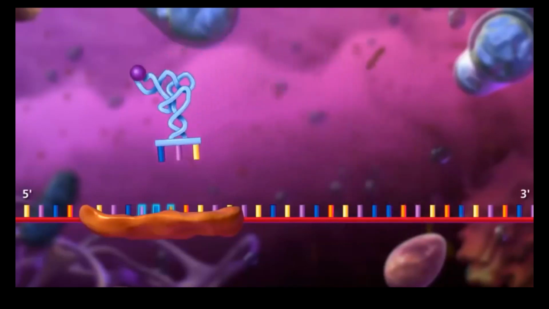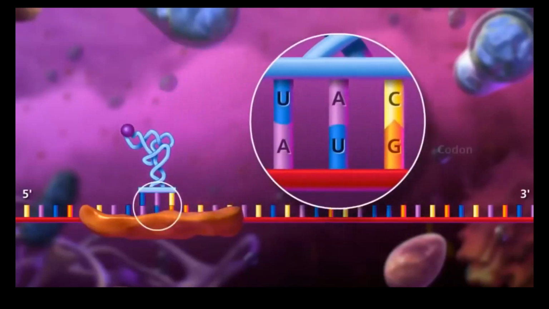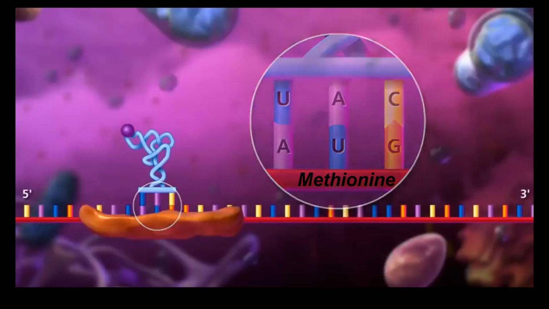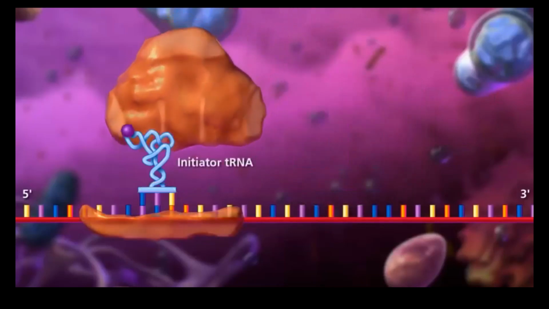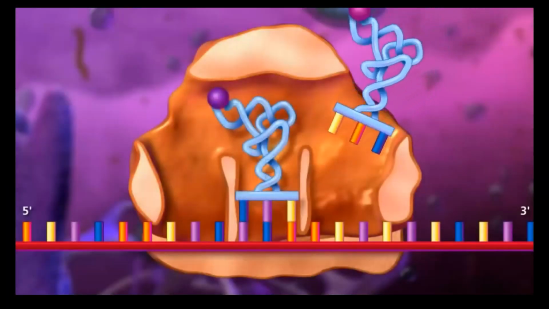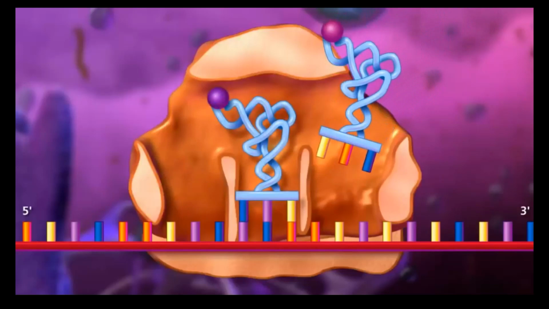Often, the first codon on mRNA is AUG, which codes for the amino acid methionine. AUG signals the start of protein synthesis. When this signal is given, the mRNA slides along the ribosome for the next codon. Again, a new tRNA molecule carrying an amino acid will pair with the mRNA codon.